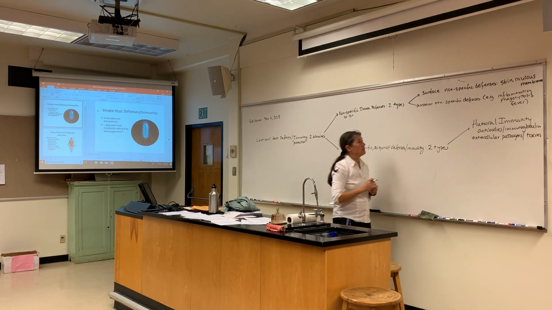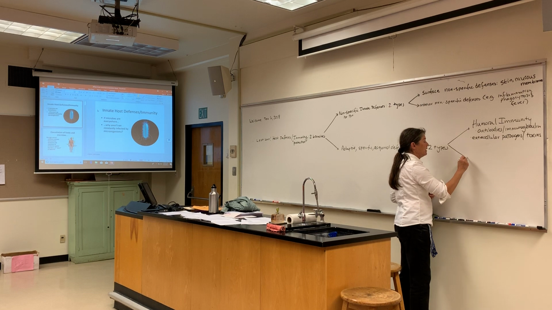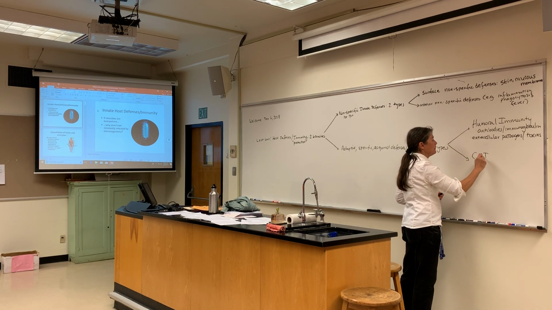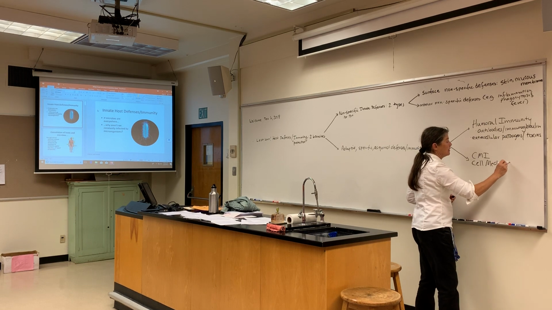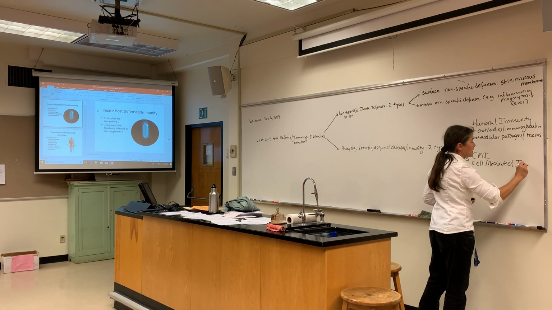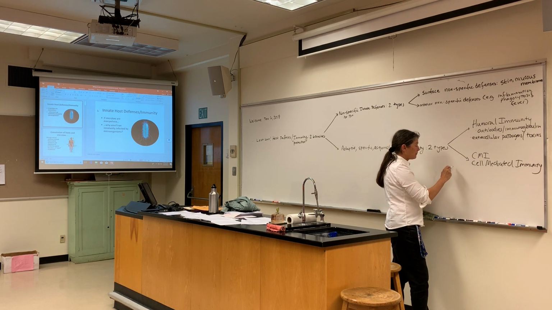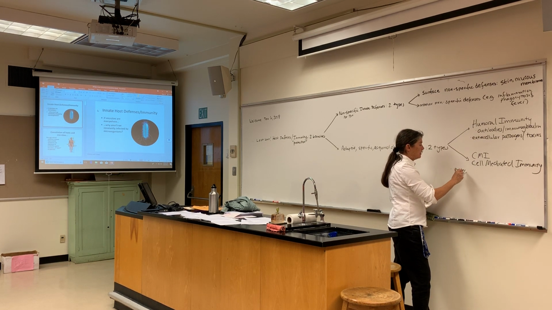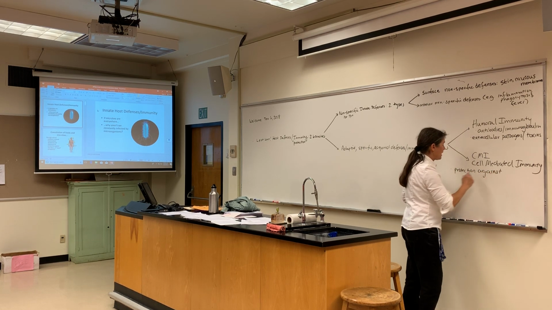And then the second type, the second branch of adaptive specific acquired immunity, is called CMI, which stands for cell-mediated immunity. This is the branch that will protect us against intracellular pathogens.